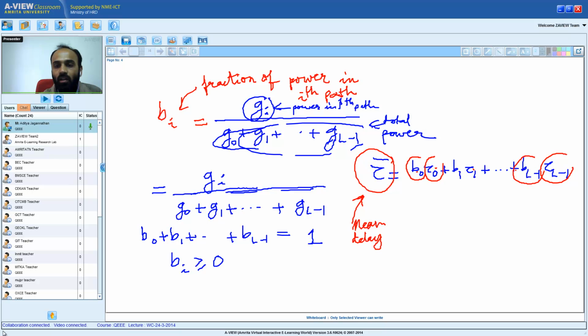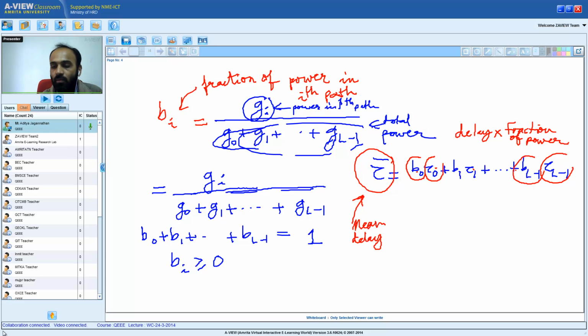So basically it is the summation of delay times fraction of power. It makes intuitive sense, because I'm not simply considering the delay, but weighing the delay by the fraction of power.